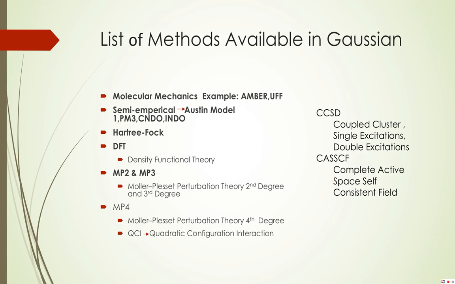Here is a list of methods available in Gaussian. First of all, molecular mechanics, for example Amber and the universal force field UFF; semi-empirical methods like Austin Model 1, PM3, CNDO, INDO; Hartree-Fock; DFT, density functional theory; MP2 and MP3, Møller-Plesset perturbation theory second and third order; MP4, fourth order; QCI, quadratic configuration interaction; CCSD, coupled cluster single and double excitations; and CASSCF, complete active space self-consistent field.